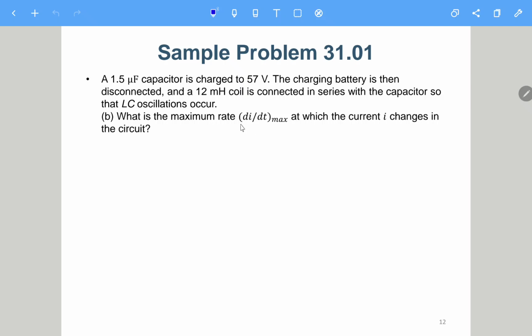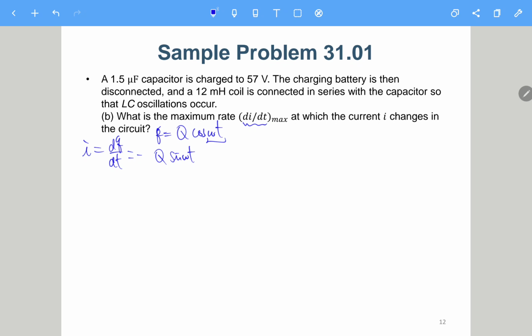What is the maximum rate, di/dt max, at which the current I changes in the circuit? Before we find di/dt, first we try to find I. Of course we know Q equals capital Q cosine of omega t. So I should be dq/dt. Q comes down, and the derivative of cosine becomes negative sine of omega t.